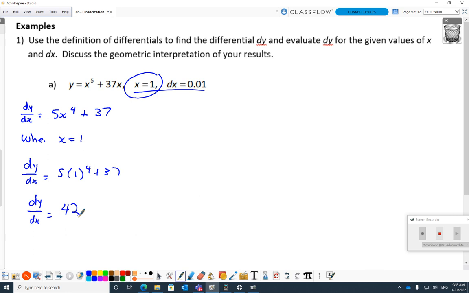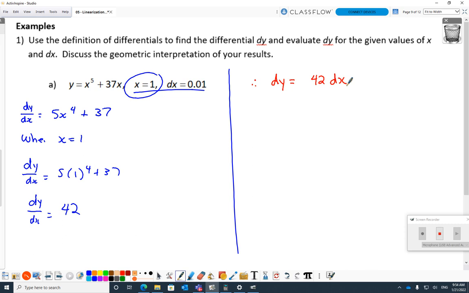Okay, switch colors. Here's what's new today. Therefore, the change in y on the tangent is equal to 42 times the change in x. That's differentials, saying I can find how much the tangent is going to change by going 42 times dx at that x value.